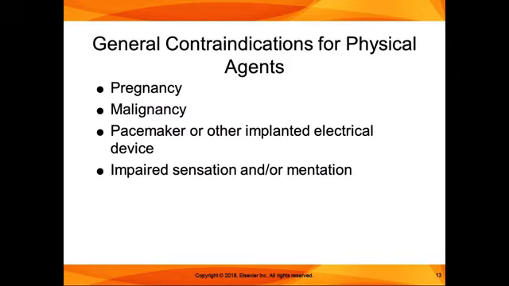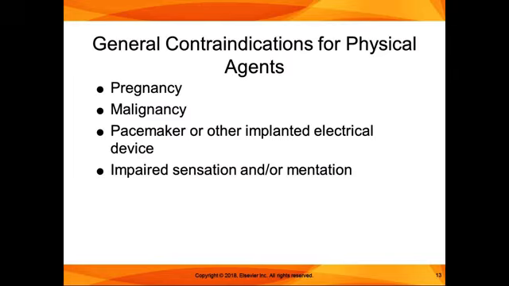So there are a lot of physical agents that absolutely shouldn't be used with cancer. Anytime you are doing something, a mechanical agent where you might break up tumor tissue and spread it throughout the body, that's a bad idea. We don't want to do that. So don't mess with pregnancy, don't mess with cancer.